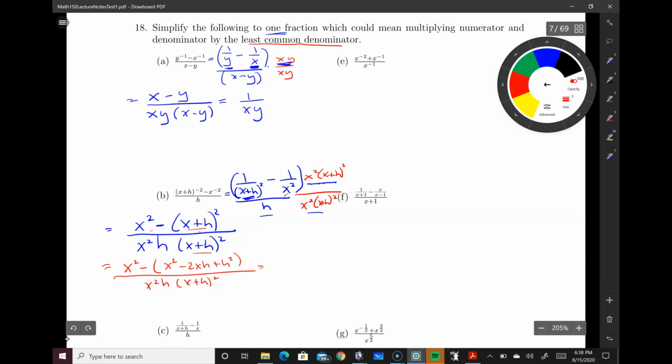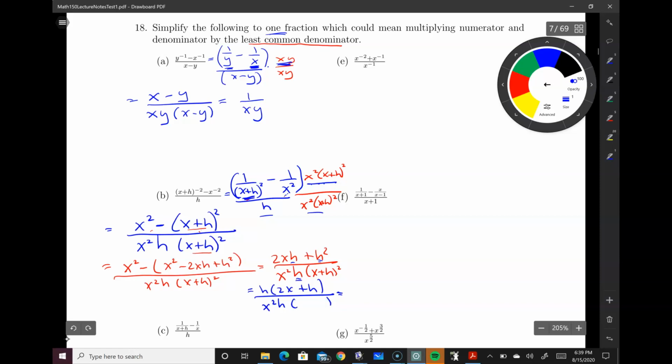And then distribute this negative through, so the x squareds cancel. So I get a positive 2xh minus an h squared all over x squared h. Again, do not multiply the denominator out. I do see that there's an h in common. So if I take the time to factor the h out, then I can cancel, oops, what did I write there?